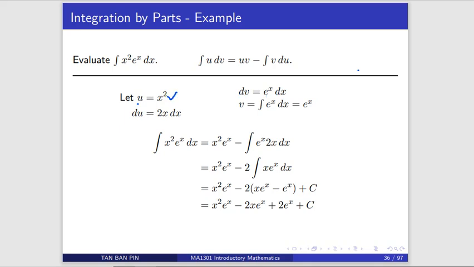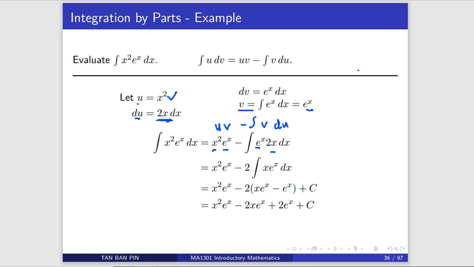If you choose u as x squared, differentiate x squared is 2x dx. Integrate e^x will give you e^x, so v is just e^x. So you sub in your u, v minus integrate v du, right? So u is x squared, v is e^x, du is 2x dx.